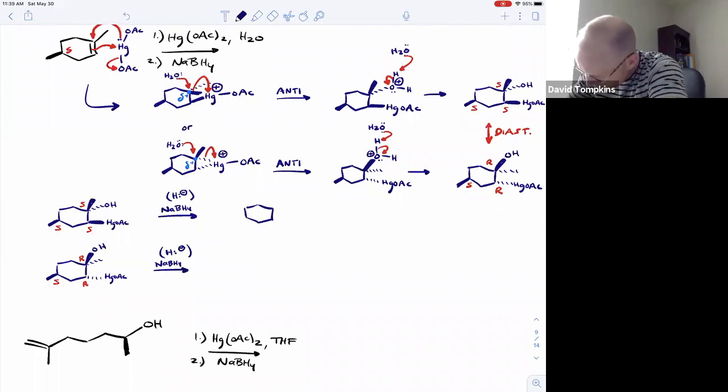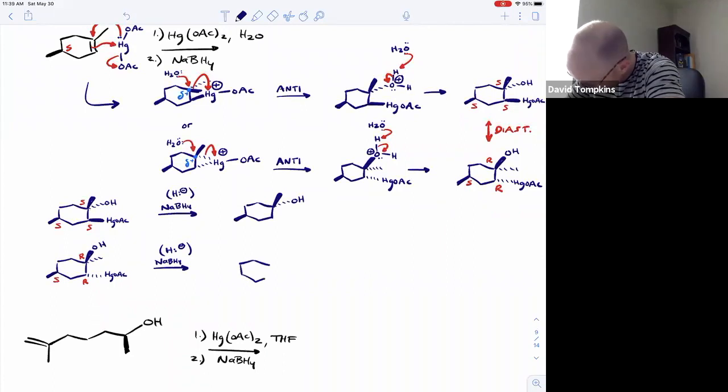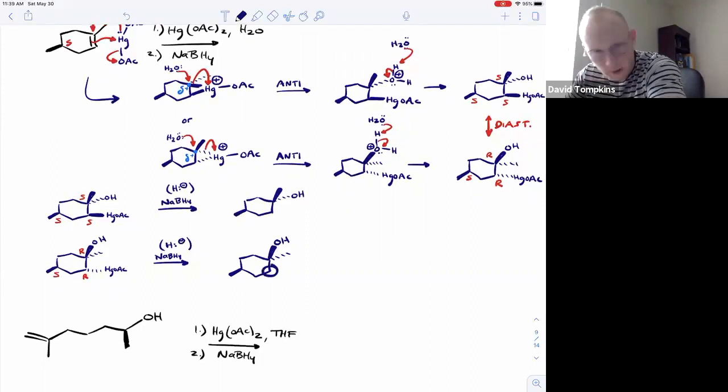And this carbon here had 1 hydrogen in the initial product, but now it has 2. So I'm simply going to draw dimensions only at the stereocenters. Okay, so this carbon now has 2 hydrogens on it, one of which came from the hydride source.